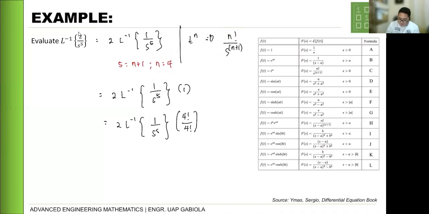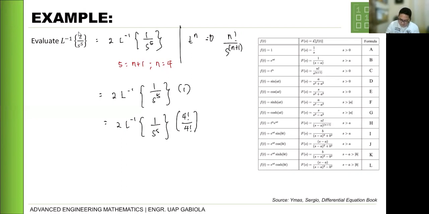So we will put the numerator of 4 factorial inside. Since this is a multiplication, if we can factor out a number from inside our transformation, we can also put a number back inside our transformation.